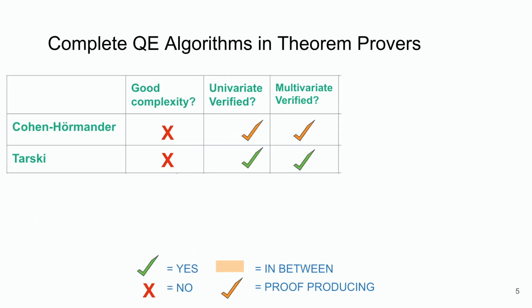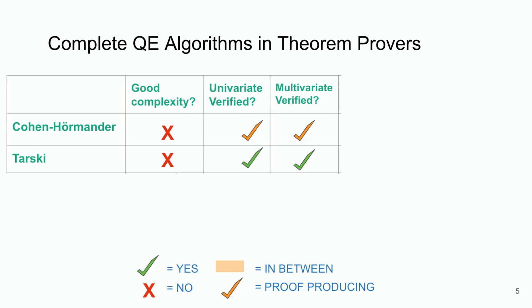Okay, so to my knowledge, here's what the state of complete QE algorithms in theorem provers looks like. And by complete QE algorithms, I mean a QE algorithm that's capable of solving any quantifier elimination problem. So there are two implementations that I know of. The first is a proof-producing implementation based on the Collins-Hörmander algorithm.